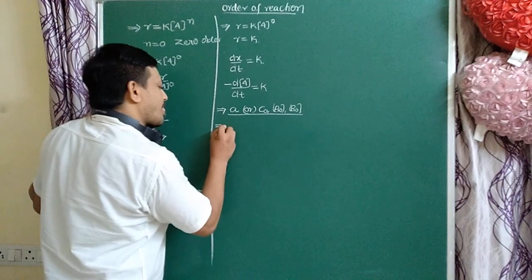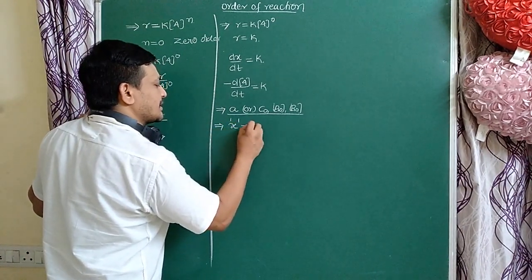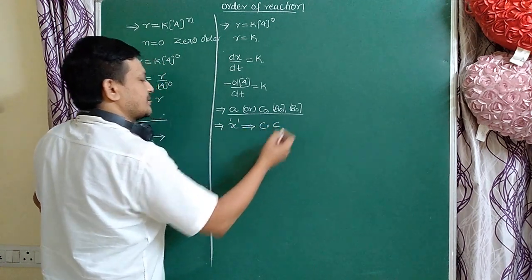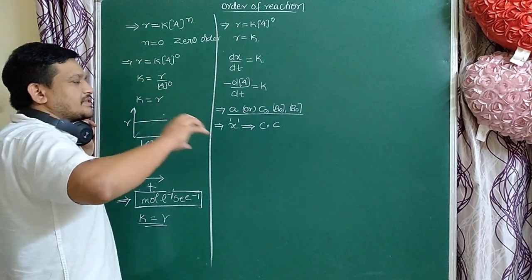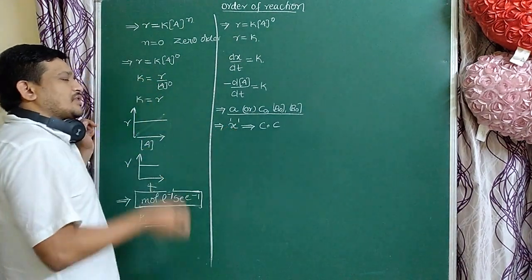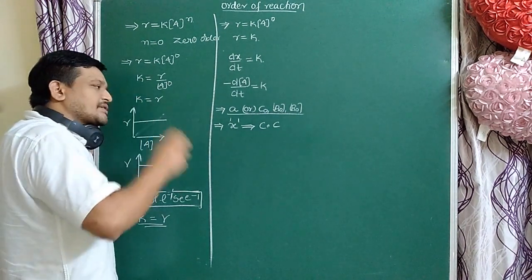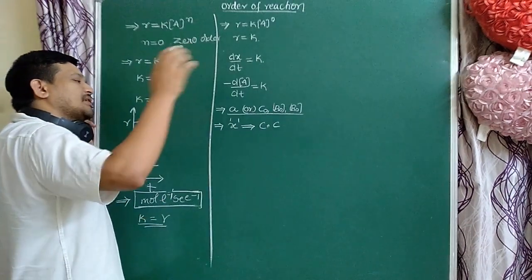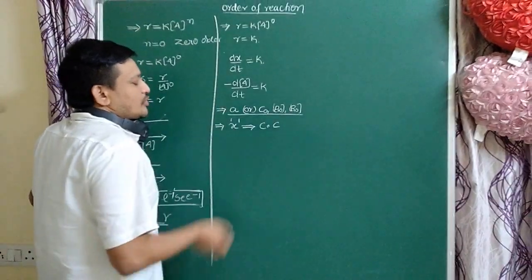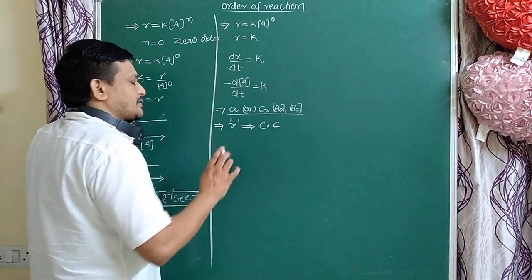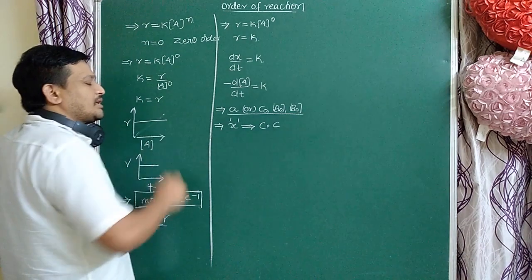Next, x is the consumed concentration. At a particular time, how much concentration is consumed, that is x. x indicates the concentration consumed in the reaction at a particular time. After a particular time, how much percentage is completed, for example 20% completed, that is x. Initially it is 100%, that is small a.